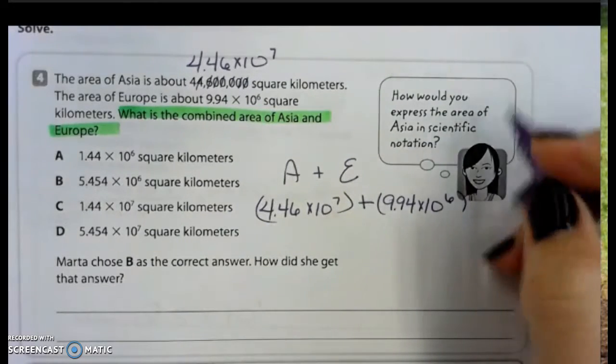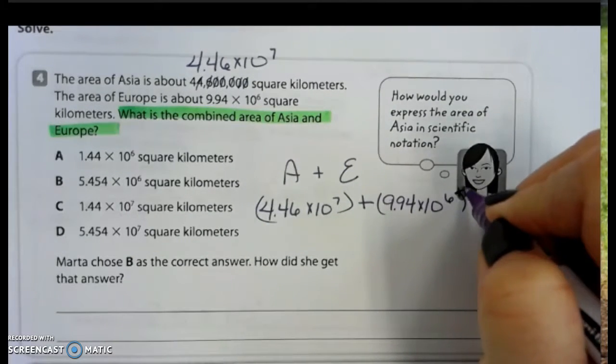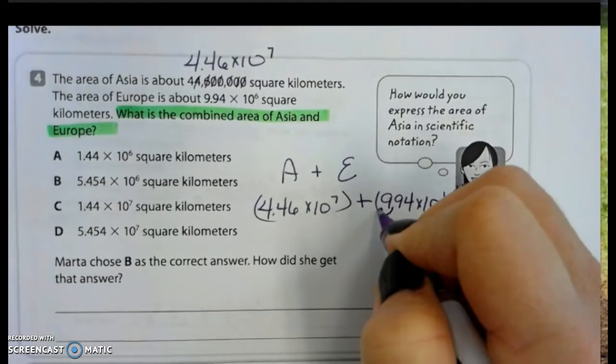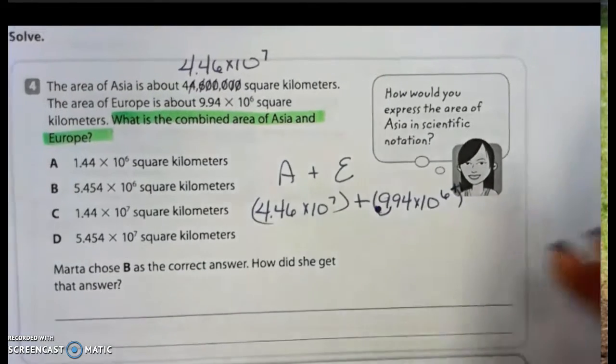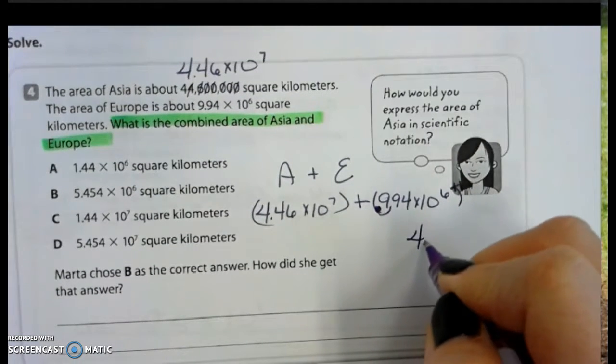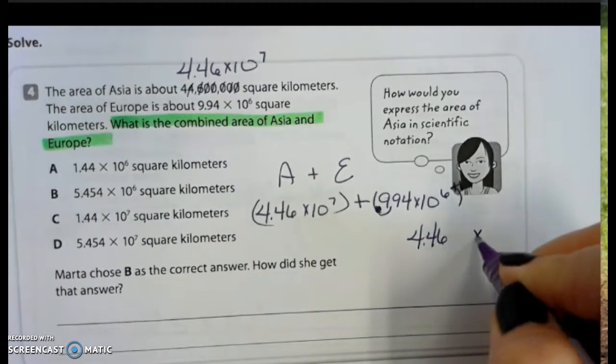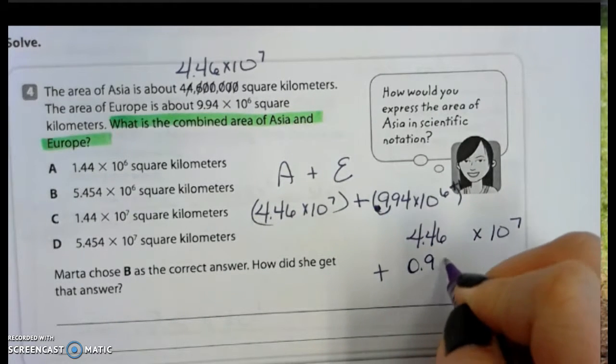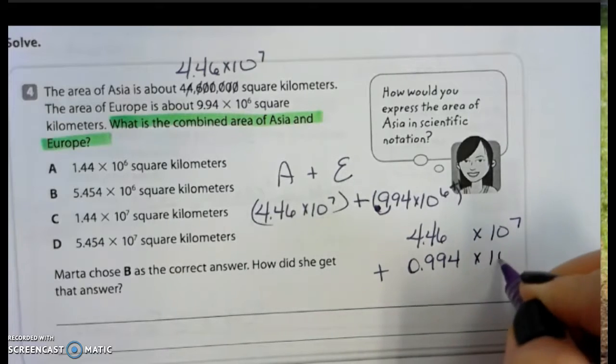If I want to increase Europe by 1 exponent, I will decrease the constant by 1 place value. So my new problem will be 4.46 times 10 to the 7th plus 0.994 times 10 to the 7th.